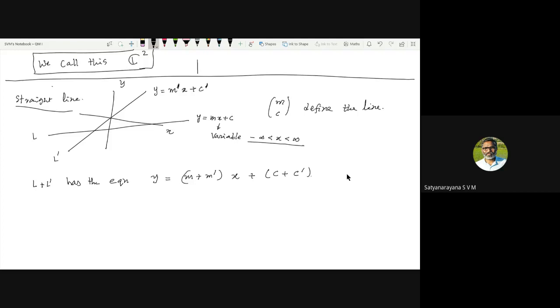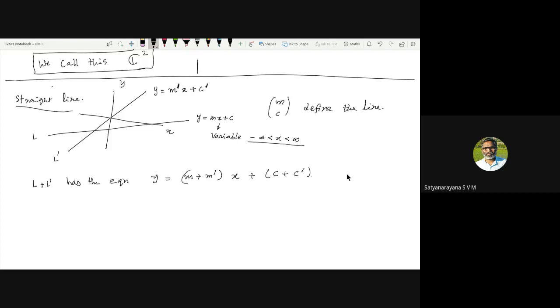Now m plus m prime is another real number. c plus c prime is another real number. And hence, this will also be a line. This will be another straight line. So when you consider the set of all straight lines, it is closed.